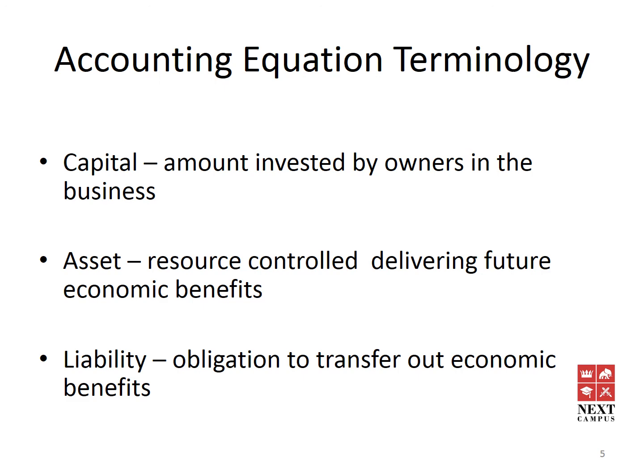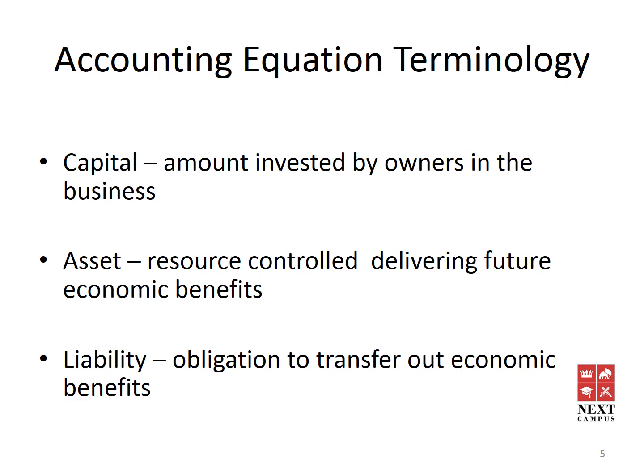So assets will go up, and on the other side the capital will go up. That's double entry accounting, which Luca Pacioli, father of accounting, introduced. Double entry accounting says when one side goes up, the other side will go up; when one side moves down, the other side will come down; or on the same side, plus and minus. So capital is the amounts of cash or any other asset invested in the business by its owners.